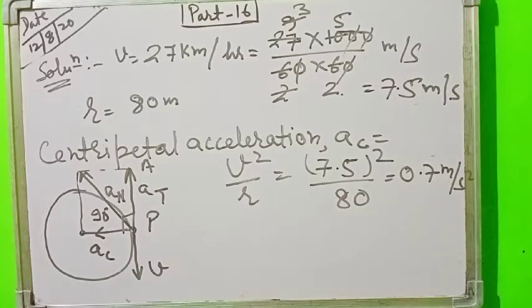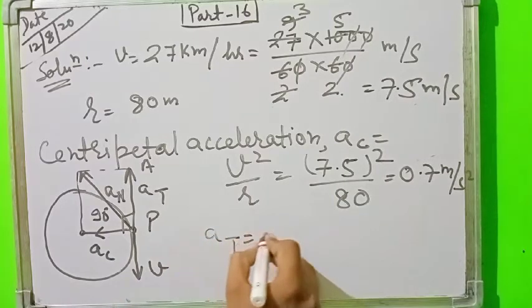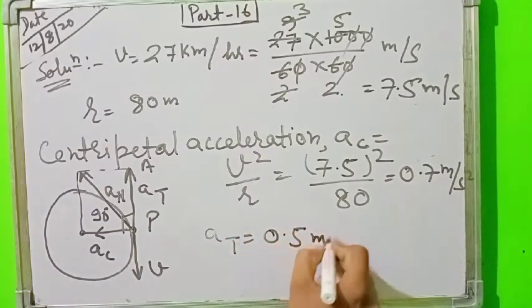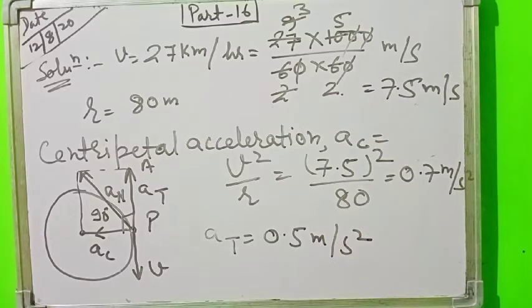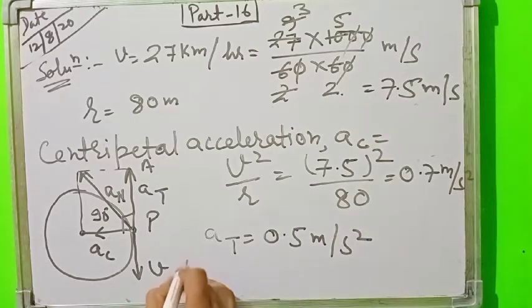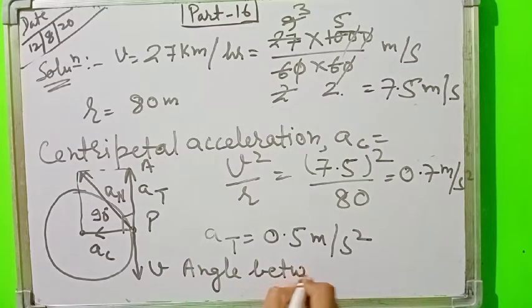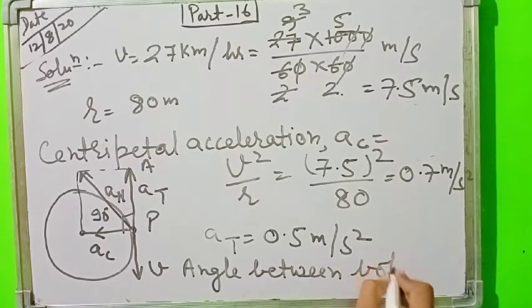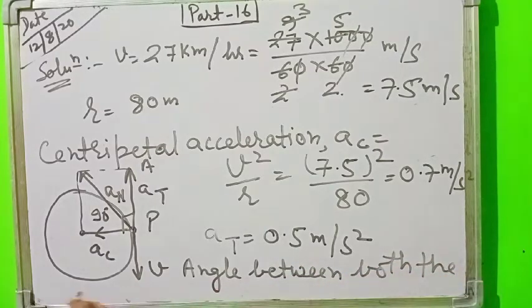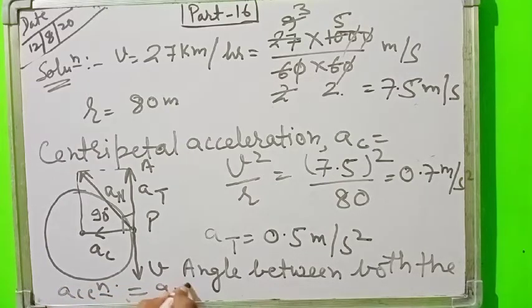Now it is given in the question that the value of tangential acceleration AT is 0.5 meter per second square, and the angle between both the accelerations is 90 degree.